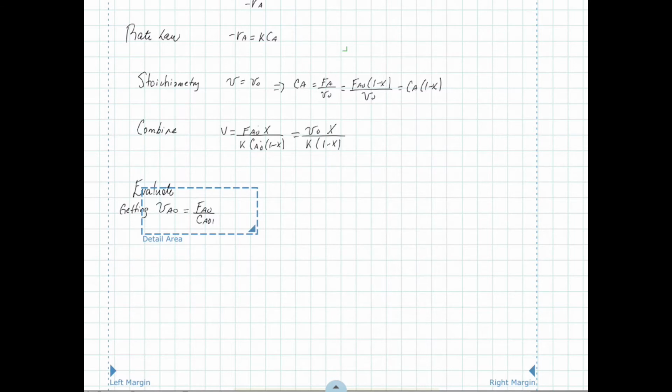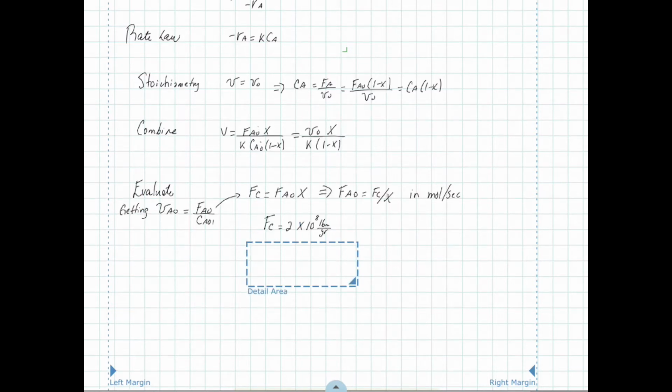However, we need to get the initial concentration of the species A, and we can get this by relating how many pounds are produced of species C, and using the stoichiometric definition of the flow rate to relate the flow rate of C with the initial concentration of A. This can be expressed with the following relationship.